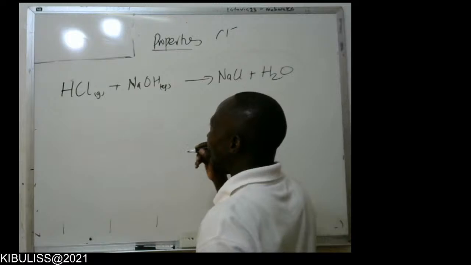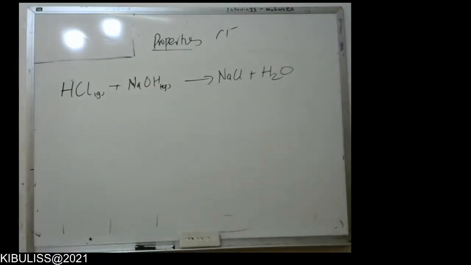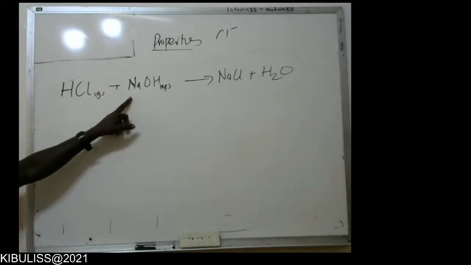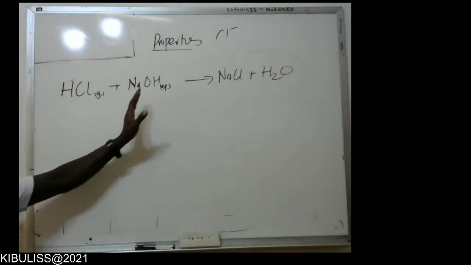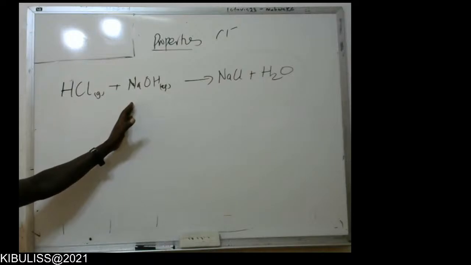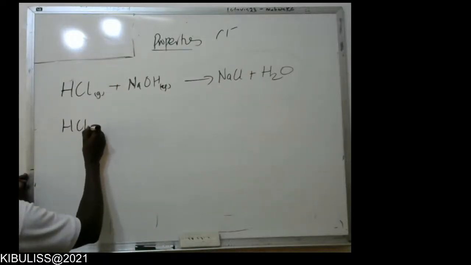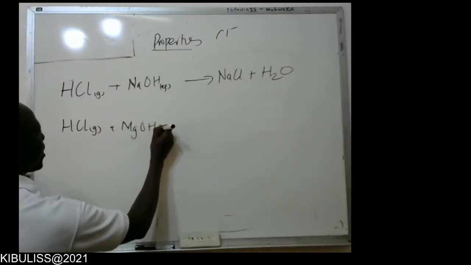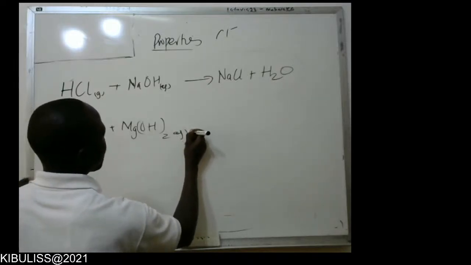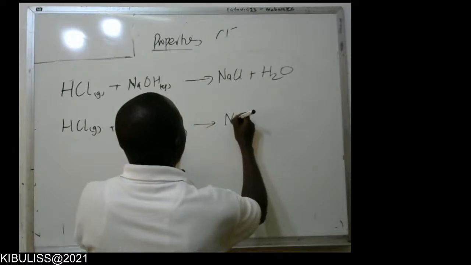What did you say? Acids react with alkalis to form salts and water only. Senior 2 chemistry. So if it's potassium hydroxide, potassium chloride. Calcium hydroxide, calcium chloride. Magnesium hydroxide, magnesium chloride. So HCl gas plus magnesium hydroxide aqueous, in water, what do we obtain?